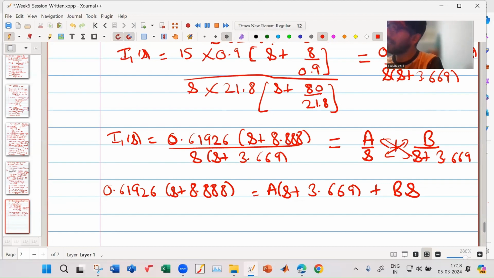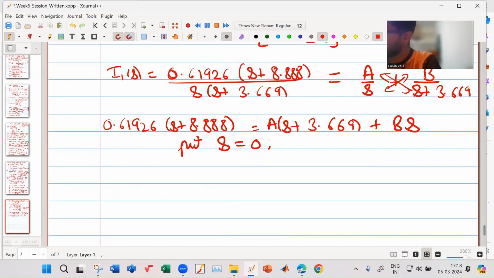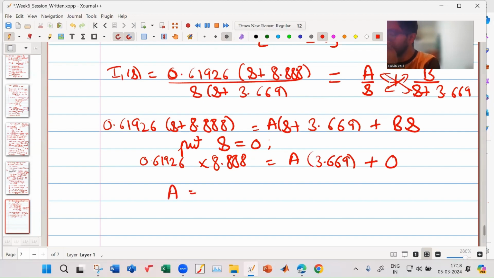If I want to find the value of A, I will put S equal to 0. Then I will get 0.61926 into 8.888 is equal to A into 3.669, plus B into 0, which is 0. So my A will be equal to 0.61926 into 8.888 divided by 3.669.